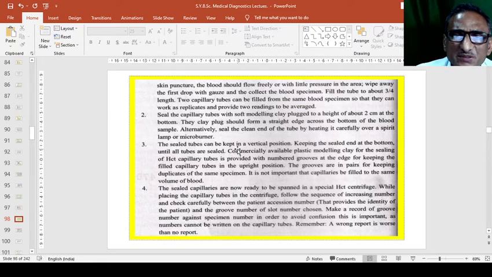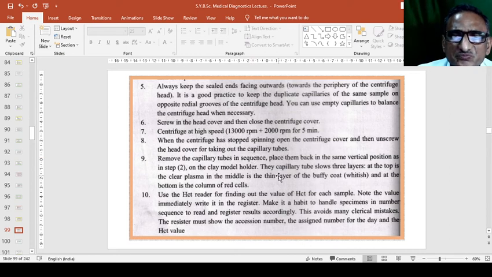The sealed tubes can be kept in a vertical position. Then the sealed capillaries are ready to be spun in a special HCT centrifuge. After centrifugation, two layers will be observed. Then close to the middle, in the lower dense layer, collect the sample material for observation.